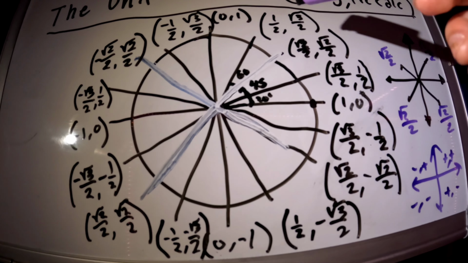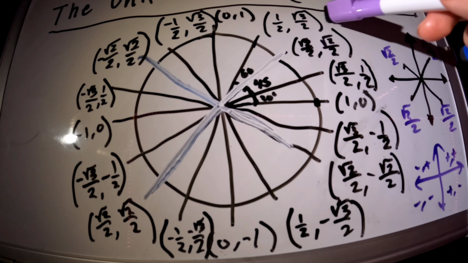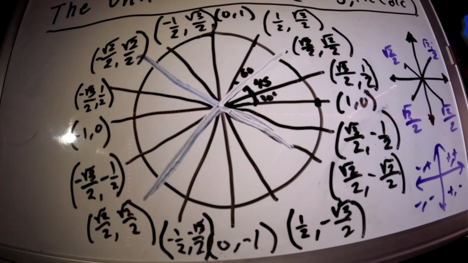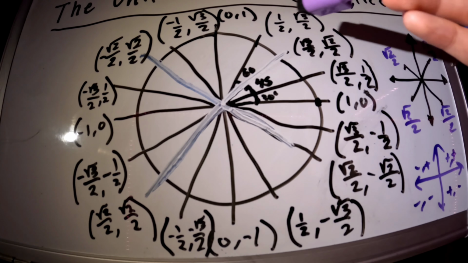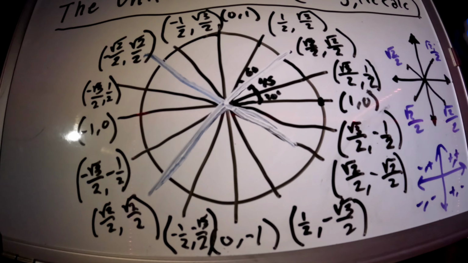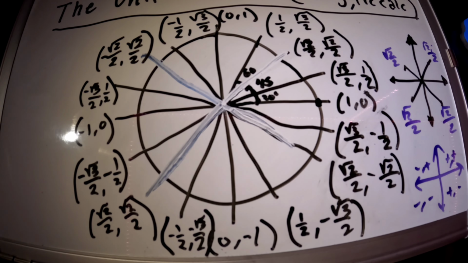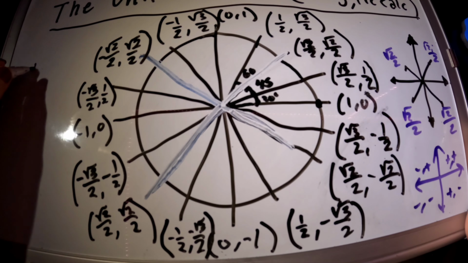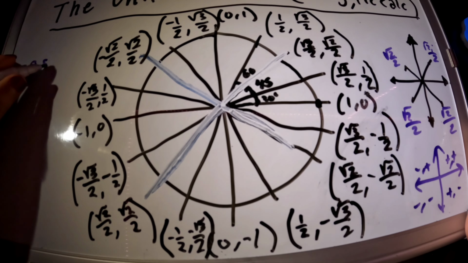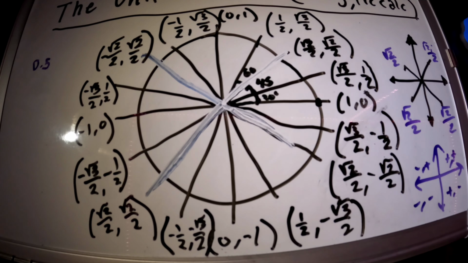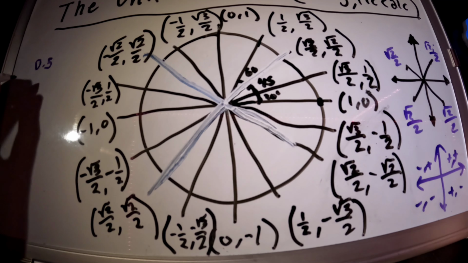And then for these parts, the 1/2 and rad 3 over 2, I think of the 1/2 as the shorter one because 1/2 is like 0.5. Whereas rad 3 over 2 is about 0.86.